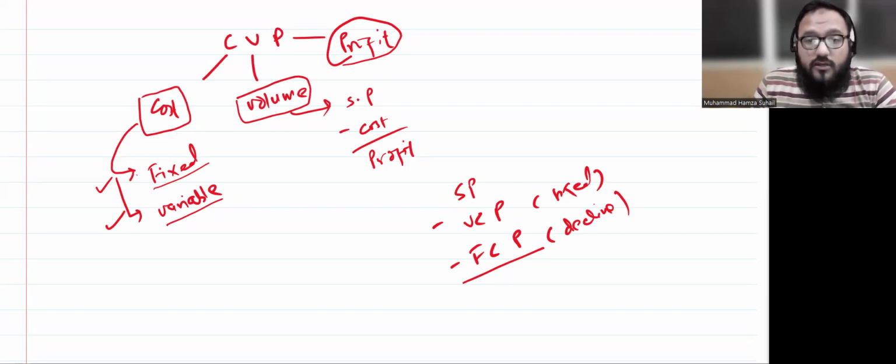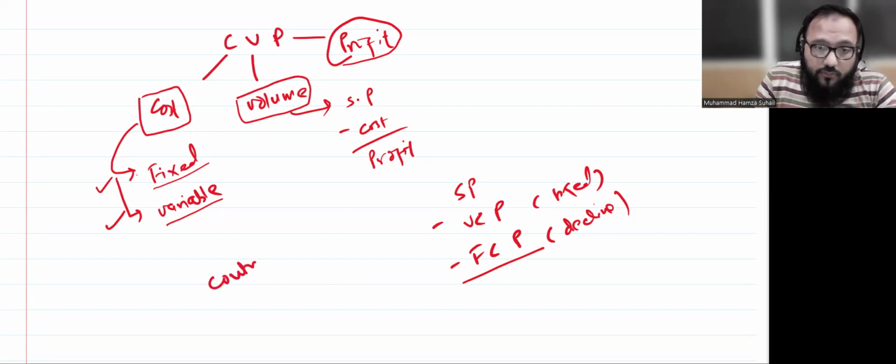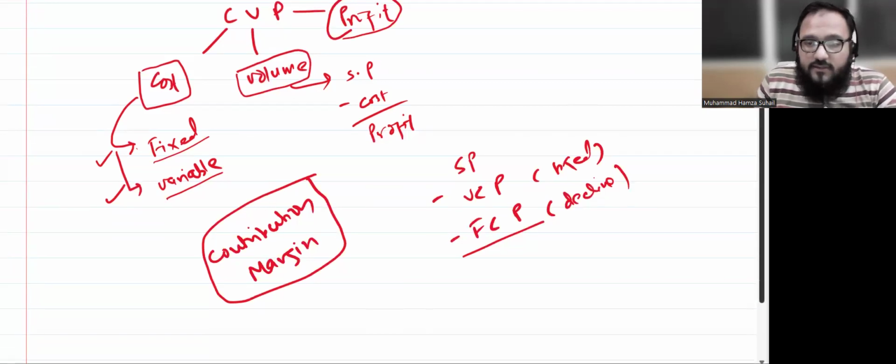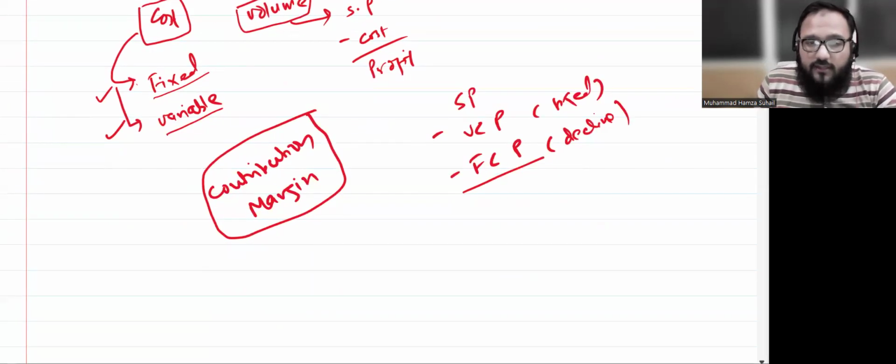Rather, we are more interested in another concept which we have studied in marginal costing. And yes, you have guessed it correctly. We are talking about no other but the contribution margin. It's a very important concept, and you can say that this is the foundation stone for the break-even analysis.